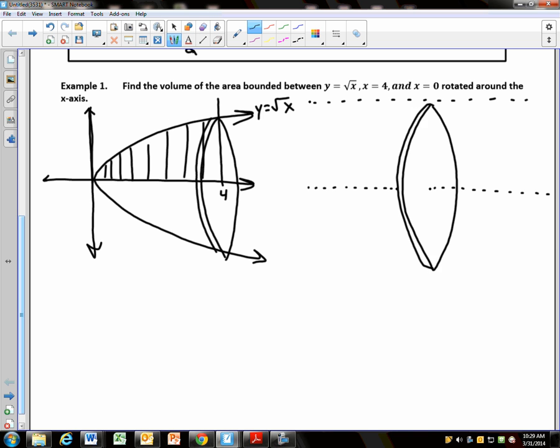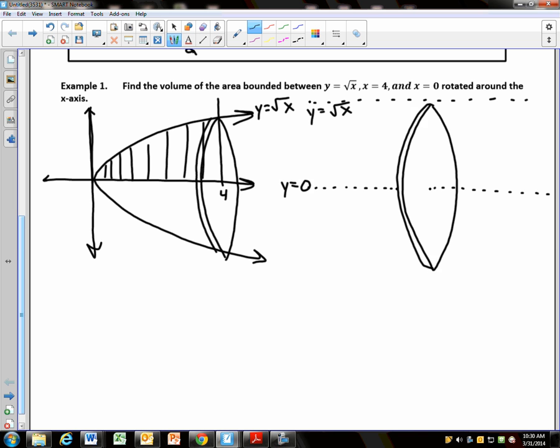Okay? Because the radius is going to be the top part minus the bottom part, right? What is this middle part right here? What is this line? This x-axis, also written as y is equal to 0, right? And then this top portion up here, what creates the top part of your disk? y equals the square root of x. Very good.